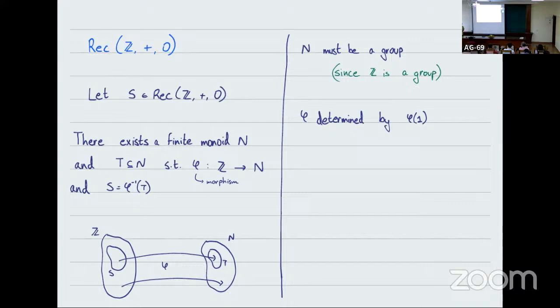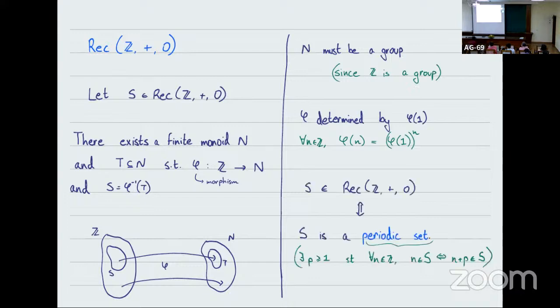A group could be a subset of a non-group. Okay, suppose we can assume it's onto. And phi is completely determined by phi of 1. Indeed, if you take any integer n, phi of n is just phi of 1 multiplied by itself n times, using the monoid multiplication.